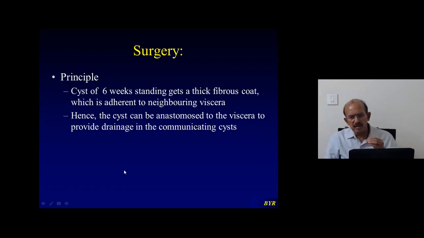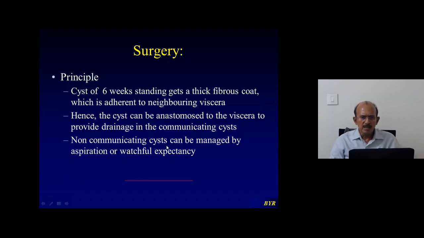If the wall is very thin, it will be fragile, so if you take the sutures, they will cut through. So what you do is you wait till the cyst is more than 6 centimeters in diameter and the wall is more than 4 millimeters in thickness, then you go for surgery. So that is the meaning of waiting for 6 weeks.